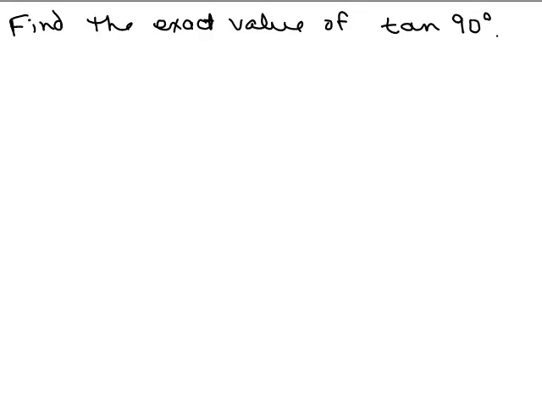All right, we're going to find the exact value of the tangent of 90 degrees. All right, so 90 degrees, let's just draw that picture. Right, that's 90 degrees. And so we pick anything on the y-axis, so I'm going to choose the point 0, 1.